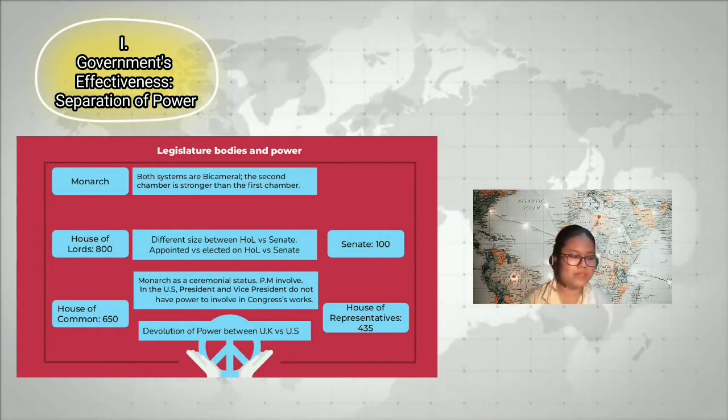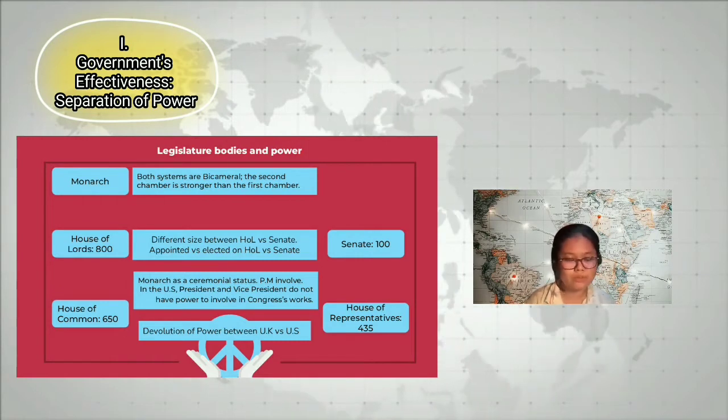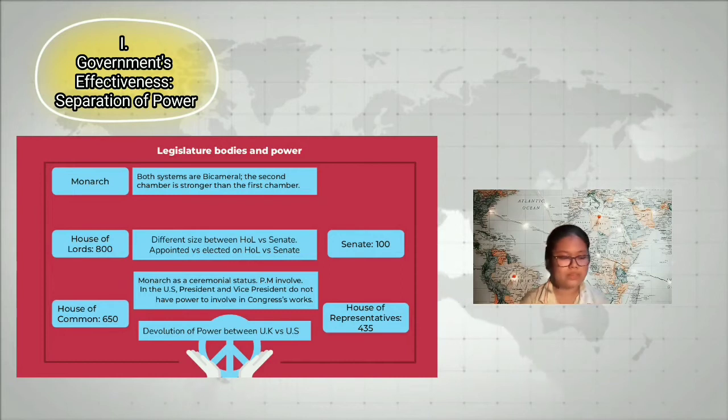This is because the executive is chosen from the legislature, while the cabinet of the executive is also chosen from the House of Commons. So the Prime Minister also has the power to select the Senate, and has to represent the House of Commons for his or her political party.